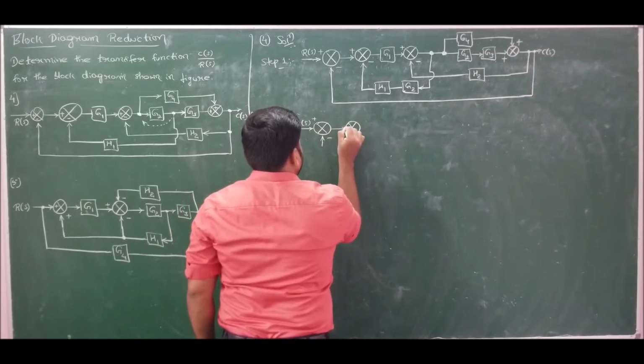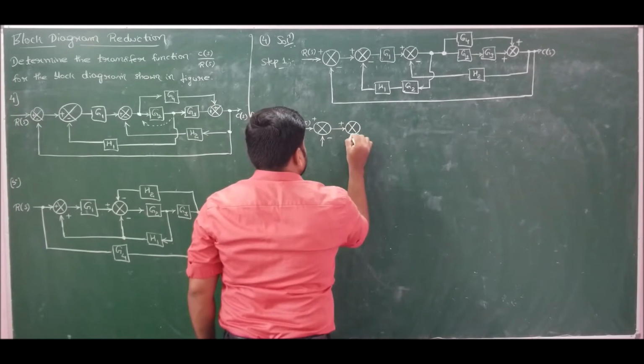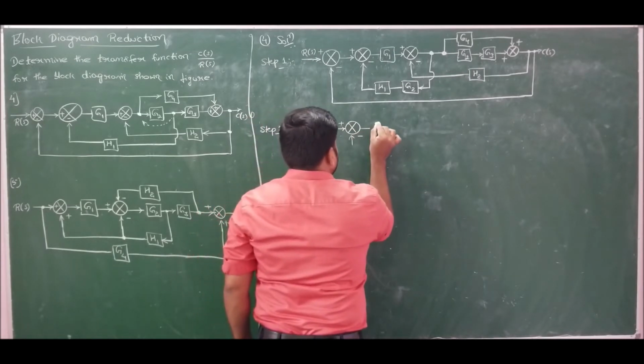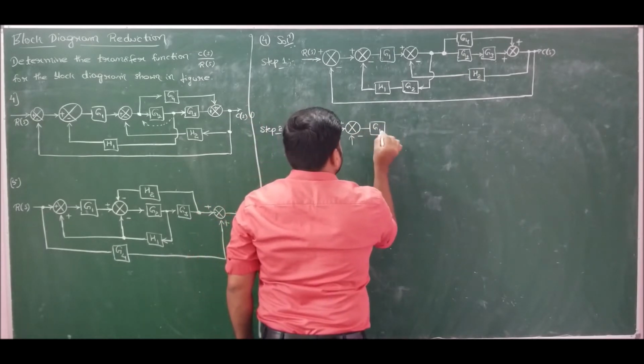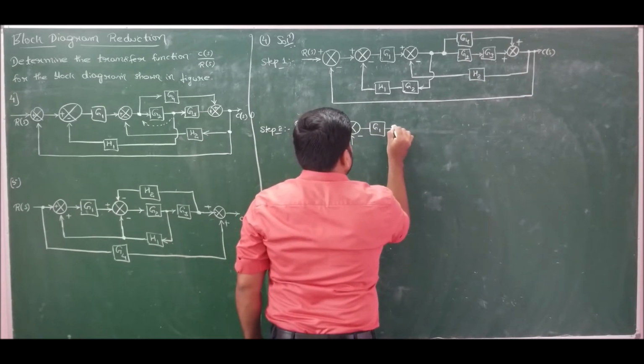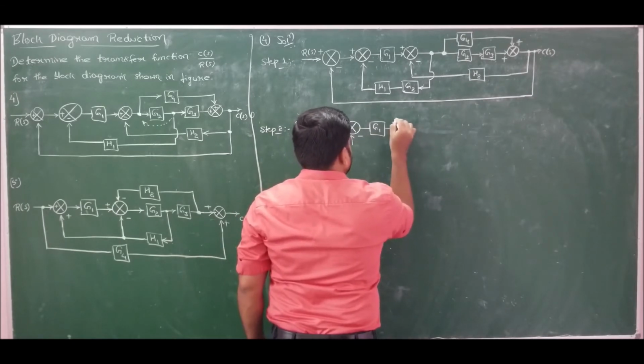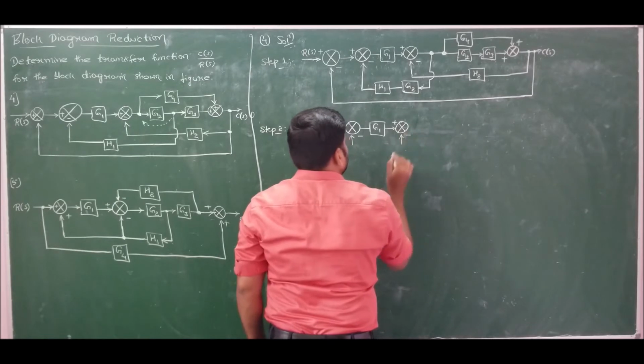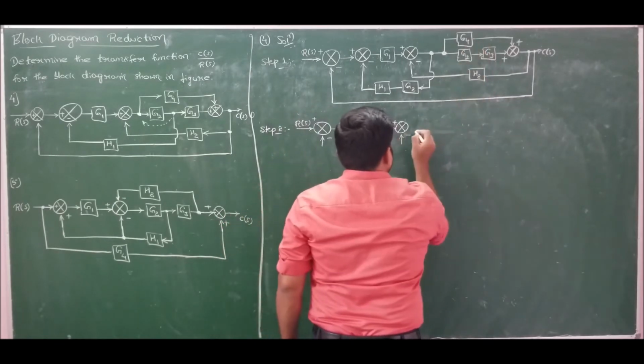We have the summing point plus minus. We have the block G1. We have the summing point plus minus. So this complete thing will be solved.